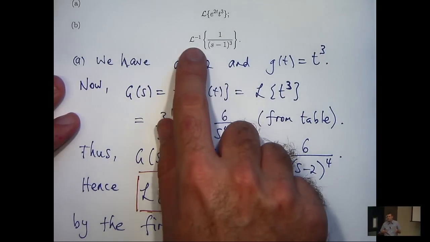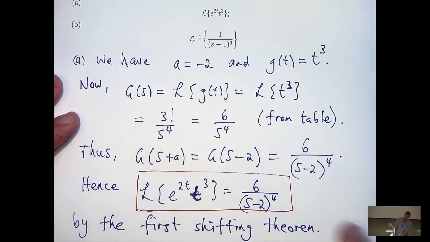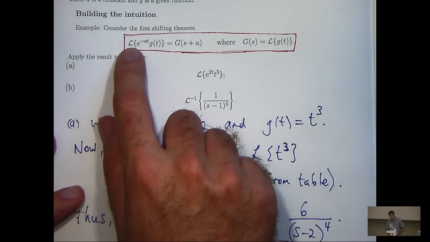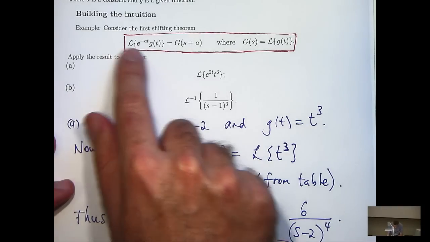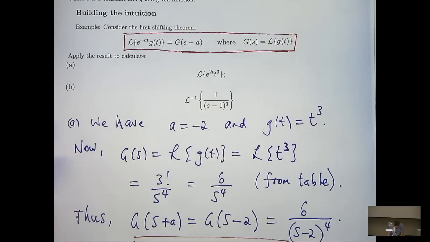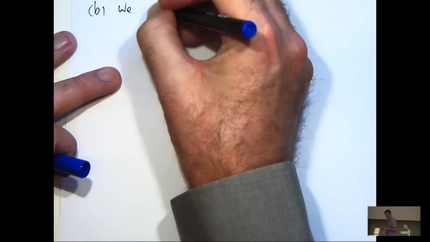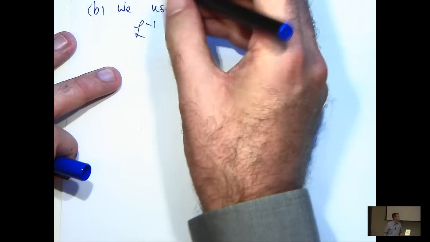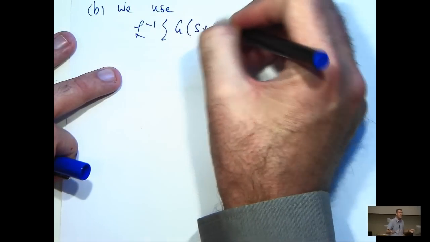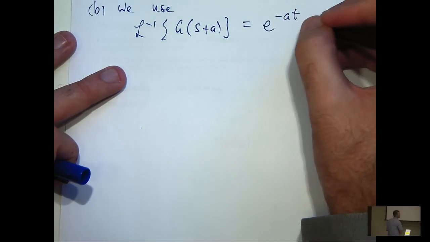Let's have a look at part B. Here we are asked to use the first shifting theorem to calculate the inverse Laplace transform. If you look back to our first shifting theorem, if I apply the inverse Laplace transform to both sides, I can use that to calculate my example in part B. So in the first shifting theorem, if I apply the inverse transform to both sides, I'll get the following.